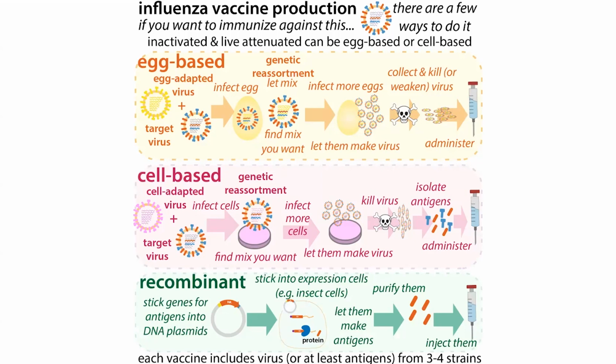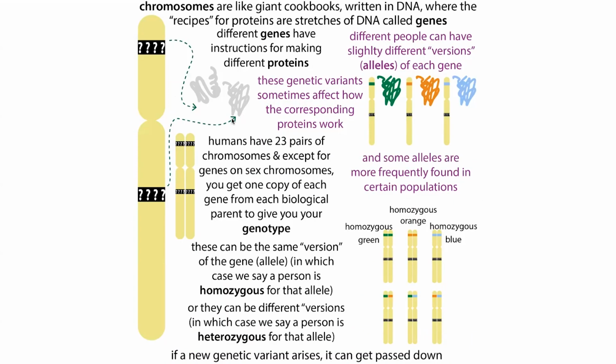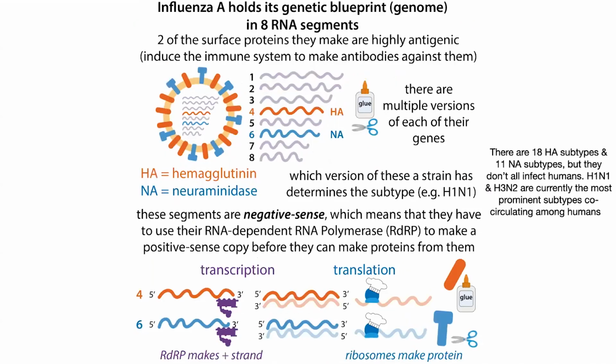But first, I just want to mention why we need to have these different strains and what these strains actually mean. As I mentioned before, influenza A has its genetic blueprint, its genome, in 8 RNA segments. If you think about our genome, it's in DNA, and it's housed in 23 pairs of chromosomes, which are super long DNA segments.